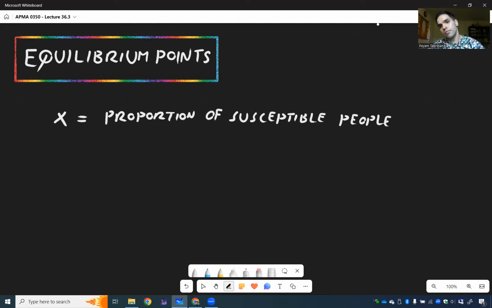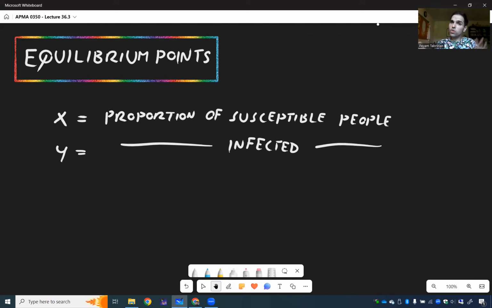And Y, which is the proportion of infected people, those who actually have COVID. And then there's also the recovered people, but at least for now, we don't care about that because we can solve it in terms of X and Y.